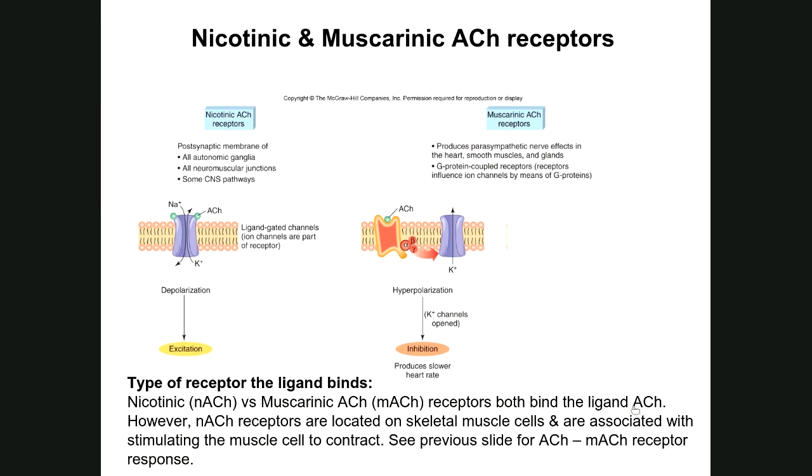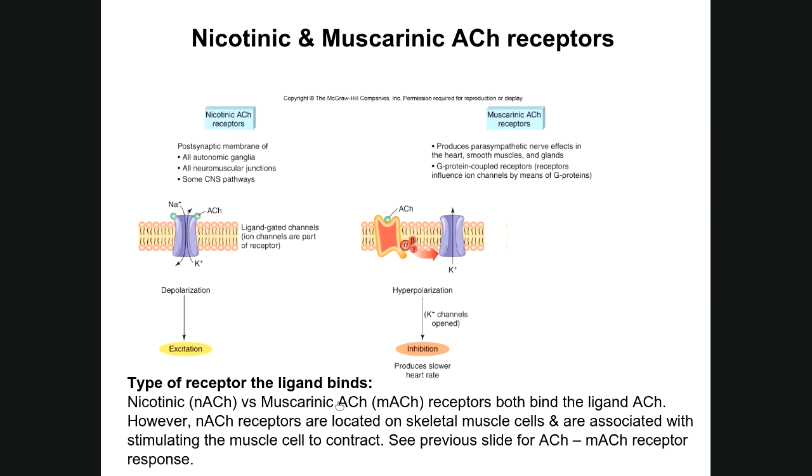This ligand acetylcholine not only binds to muscarinic acetylcholine receptors, they found there was another class of acetylcholine receptors called nicotinic acetylcholine receptors. Listen carefully. I already talked about the muscarinic acetylcholine receptors. You find them in the membranes of cardiac muscle cells, and acetylcholine has an inhibitory effect.